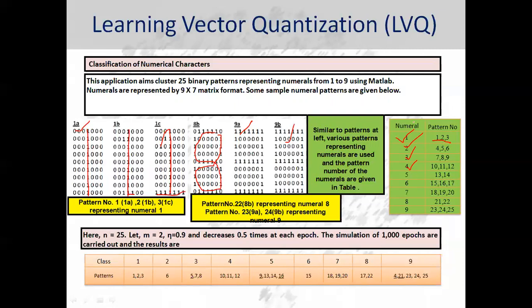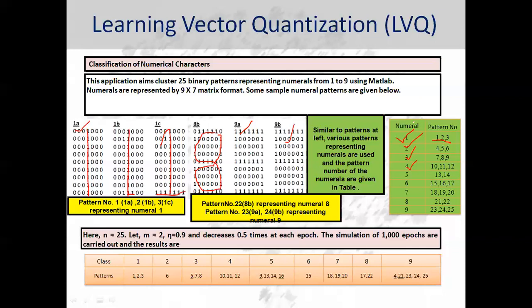So we started making the LVQ network, which is a combination of 2 layers, pre-synaptic and post-synaptic. In this case, your pre-synaptic layer contained 9 multiplied by 7 neurons. It means 63 neurons were there in the pre-synaptic layer, and the post-synaptic layer contained 9 classes, 9 clusters.